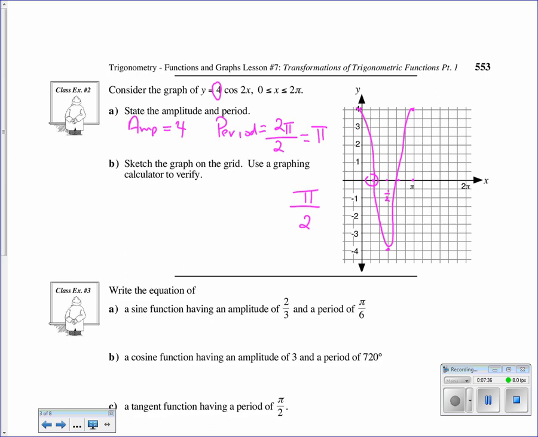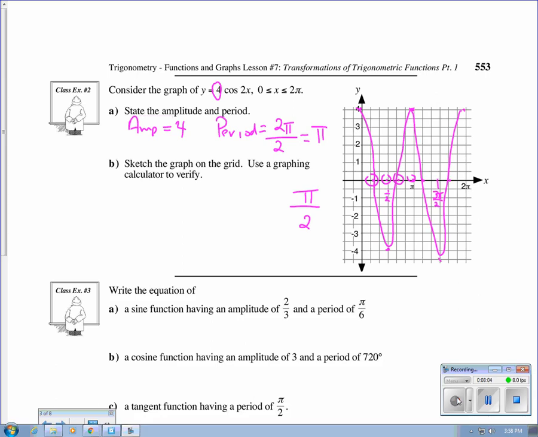So I've got my region of pi divided up into 4 equal segments. And I've got the starting of a cosine graph up at the y-intercept, which is up at max amplitude. Then it dips down and comes back up. And I can keep drawing those segments. I'll add to my scale.